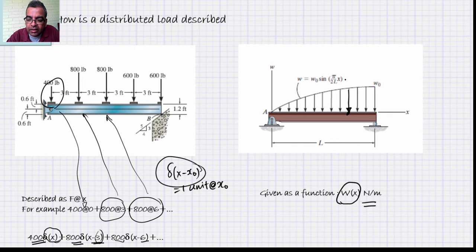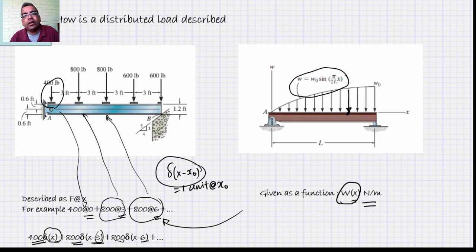In this particular case, w of x looks like sine of pi x over 2L. This is the counterpart to the concentrated case. Since it's distributed, every value of x is allowed, whereas here only distinct values of x are allowed. You see what I mean? There every value of x is allowed. That's how distributed loads are described.